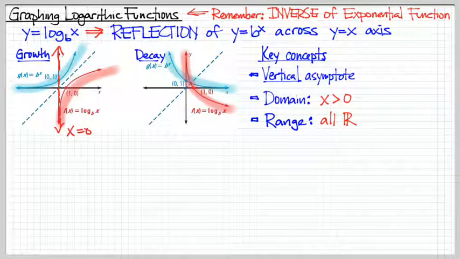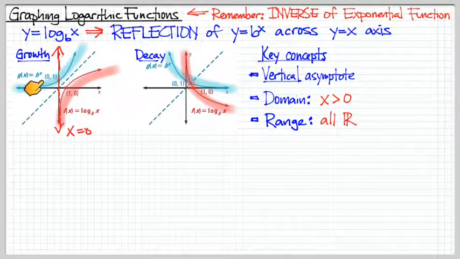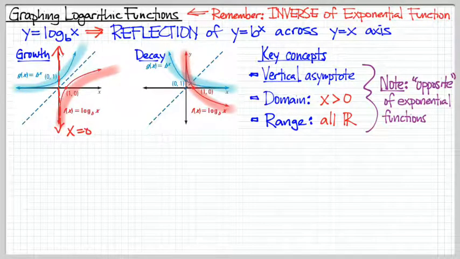In terms of range and domain, it's going to be the opposite of the exponential function. If you recall, the domain for exponential functions was all real numbers, all the way across, and the y value was limited to only values greater than 0. So it's exactly the opposite with logarithm functions. Instead, the domain is restricted.